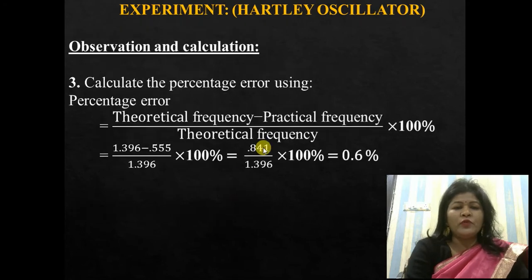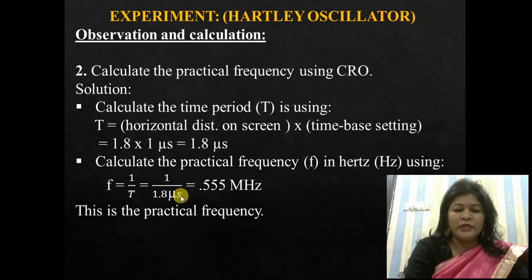So now you can calculate the percentage error with the help of this formula: theoretical frequency minus practical frequency upon theoretical frequency into 100%. So the theoretical frequency is 1.396, as you have already calculated.